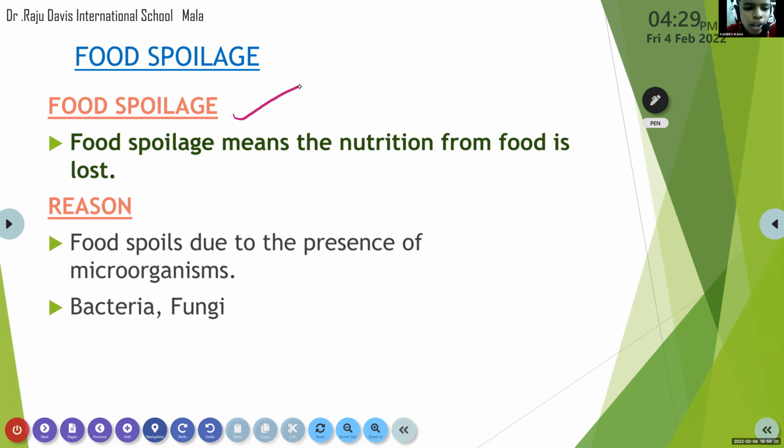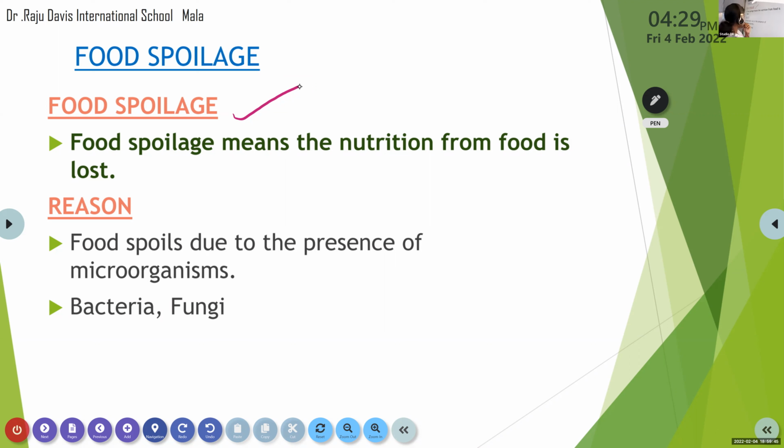Is it good for our health? No, ma'am, it's not good for health. Why is it not good for our health? Microorganisms are there: bacteria and fungus.